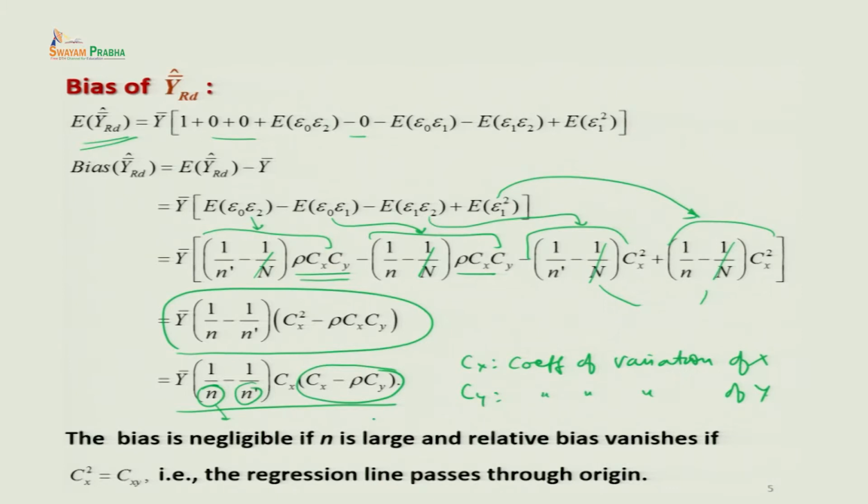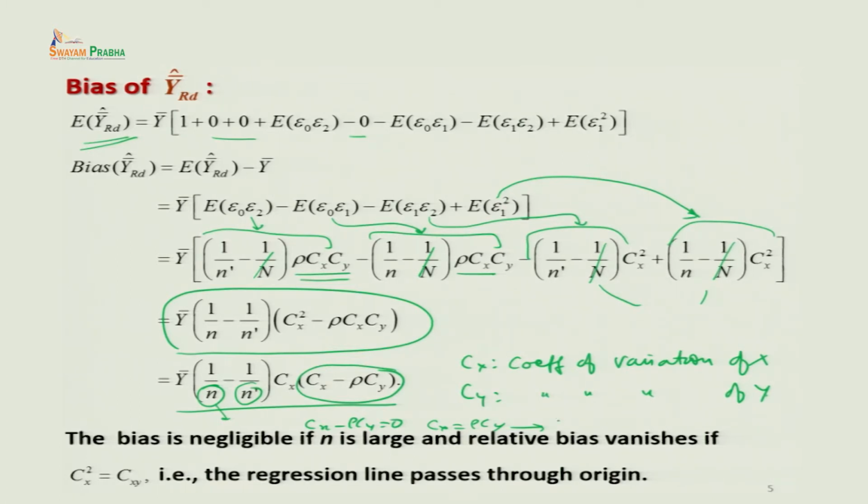So, Cx minus rho Cy equal to 0 means Cx is equal to rho Cy, or you can write it by multiplying on both sides by Cx. That is the same thing which you have written here, Cx square minus rho Cx Cy, if you write it down here.